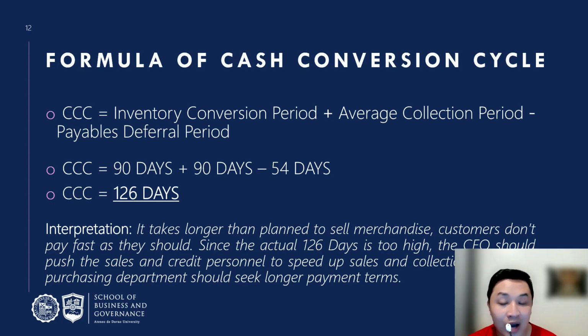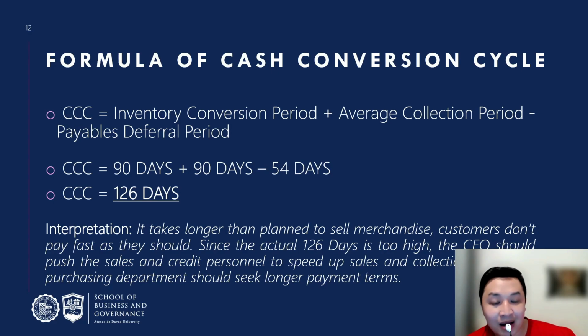So our new cash conversion cycle is now 126 days. Our interpretation for this is that it takes longer than planned, which is the 80 days from the business plan, to sell merchandise. So customers don't pay as fast as they should, since the actual is 126 days and it is too high.